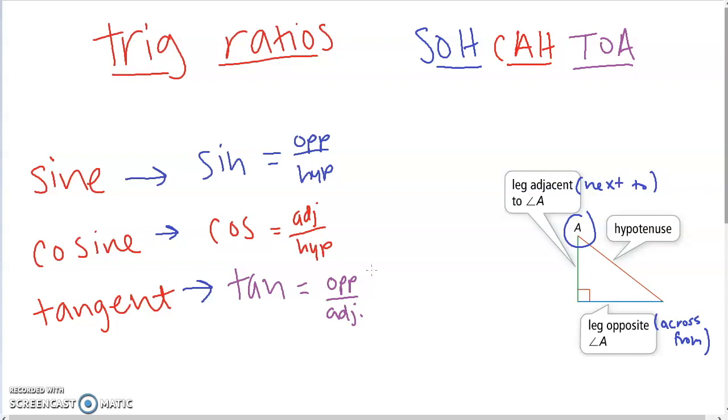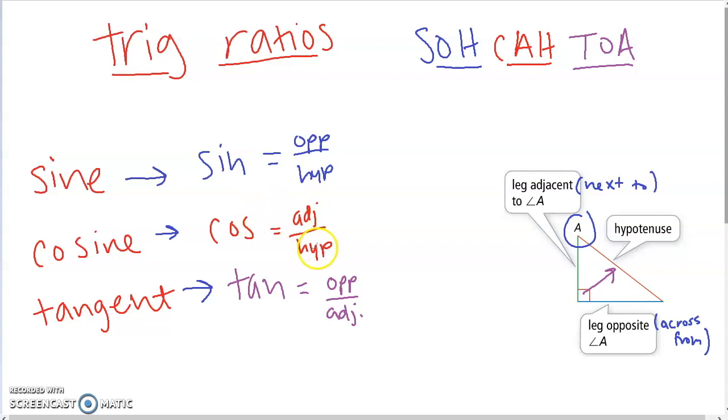So if I wanted to figure out what these values were, I would simply remember, what does adjacent mean? It means next to. What does opposite mean? It means across from, and the hypotenuse will always be opposite of the right angle. So SOHCAHTOA. Sine is opposite over hypotenuse.